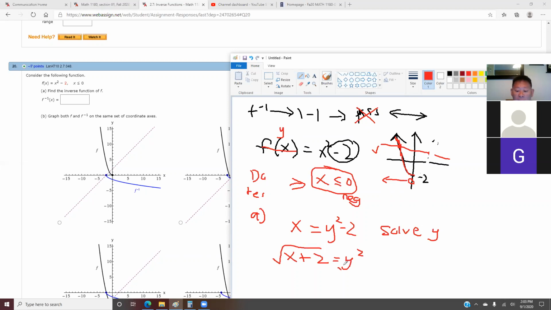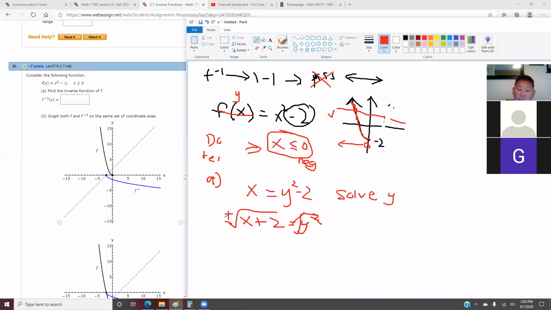Now, every time you take the square root, you get 2 answers, plus or minus. This is a part that a lot of students make mistakes on or don't know how to do. Should we take the plus? Should we take the minus? It all depends on your domain restriction. Since your domain restriction is on the negative, which is less than 0 here, we will take the negative side.